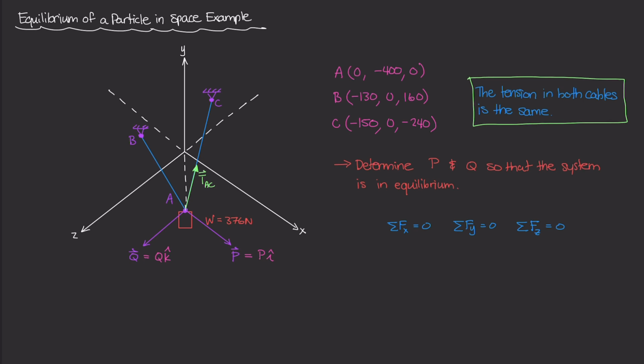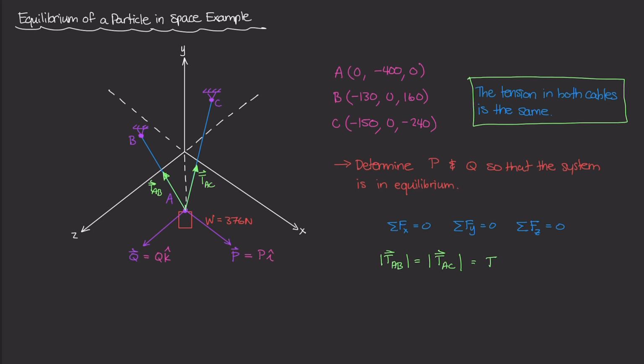And in that same sense, I'm also going to draw a force vector right here, and I'll label this TAB, and that's the tension force going from point A to point B. Now, because of this statement, we know that the magnitude of TAB is going to equal the magnitude of TAC. And so I can simply call the magnitudes for both of these tension forces just T, just for simplicity.